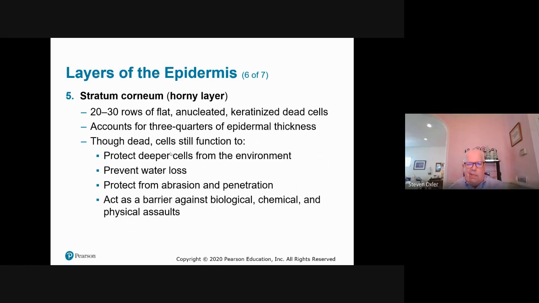They prevent water loss. They protect from abrasion and penetration, and they act as a natural barrier against chemicals, biologicals, and physical assault. So those are the 5 layers of the epidermis. Remember, stratified squamous epithelium is the epidermis.